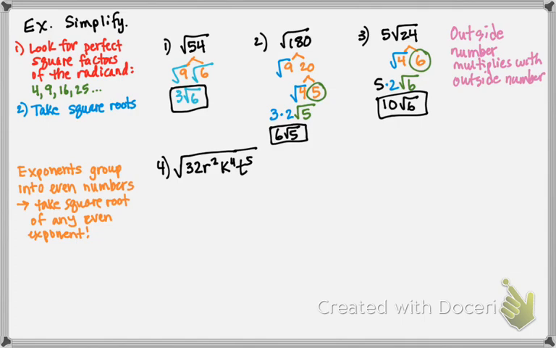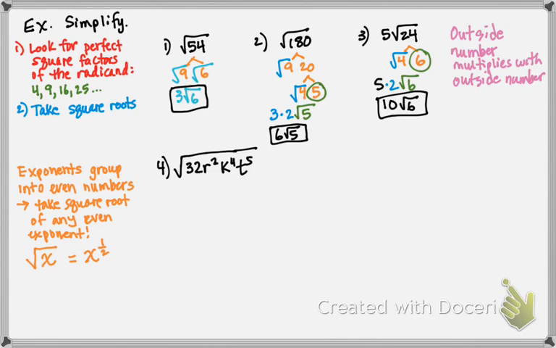Okay, and the reason why we can do that is, remember that if I have the square root of x, it means the same thing as x to the half power. So what I'm going to end up doing is cutting in half all my even exponents.